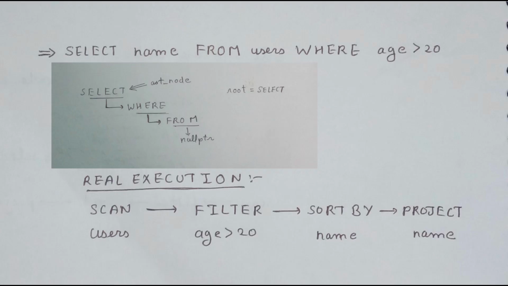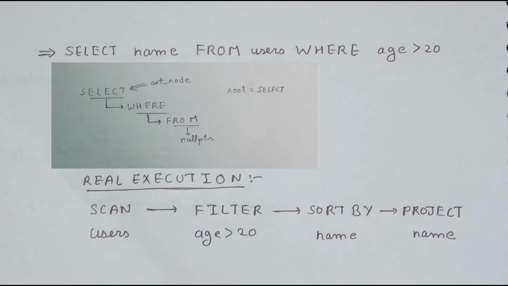Now in this example, select name from users where age is greater than 20, we will generate an AST which will be in this format. Select, where, from.